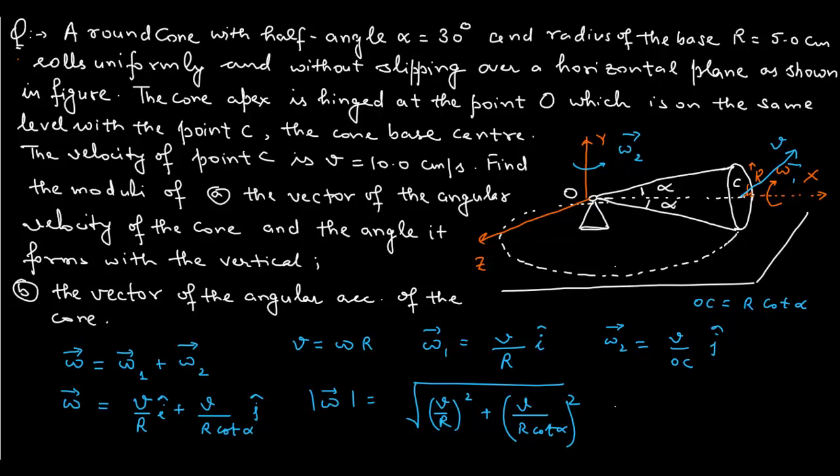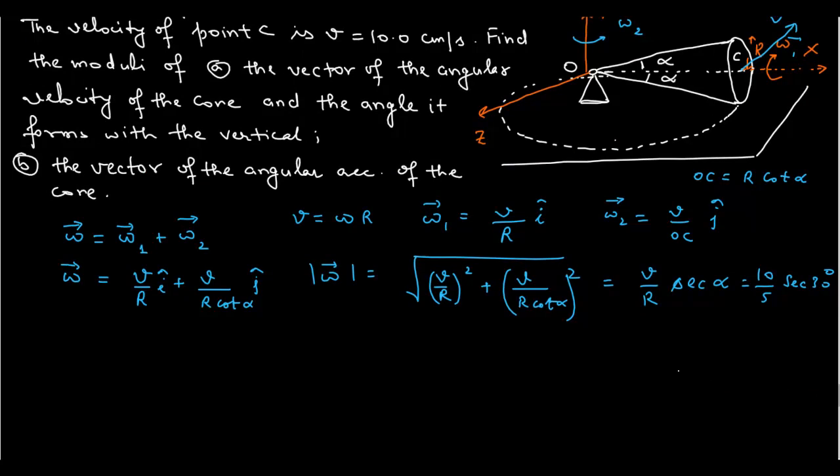So finally we get v by r secant alpha, and by putting the values v is 10 and r is 5, secant 30 degrees, we have the modulus of omega equal to 2.3 radians per second.